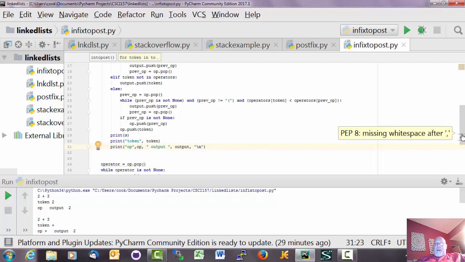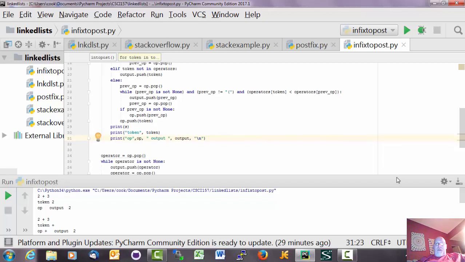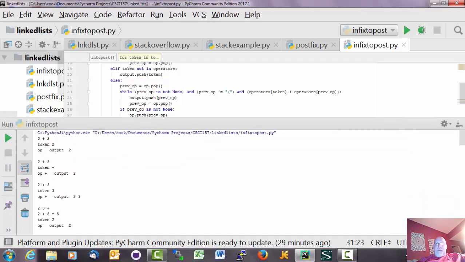So this is the current status of those stacks at the end of the for loop. Alright, so 2 plus 3. The first token is 2, and since that's a number, it goes on the output stack. The next token is a plus sign, and since that's an operator, that goes on the operator stack. The next token is a 3, and since that is a number, that goes on the output stack.